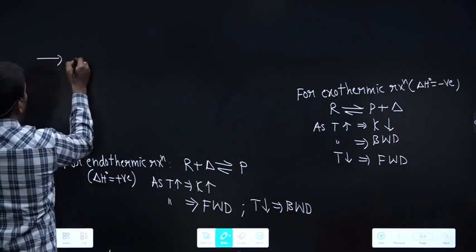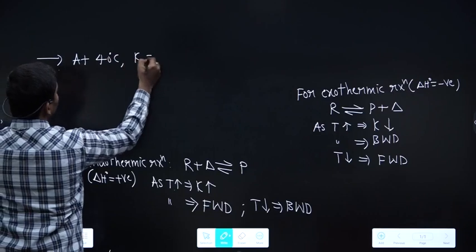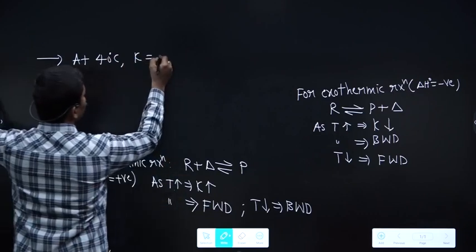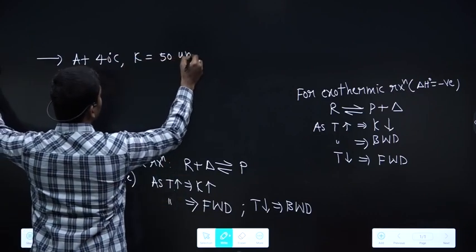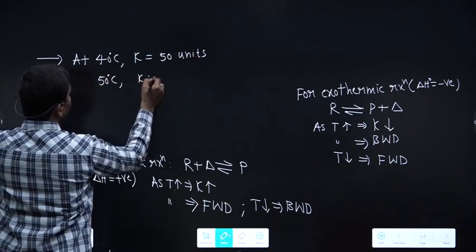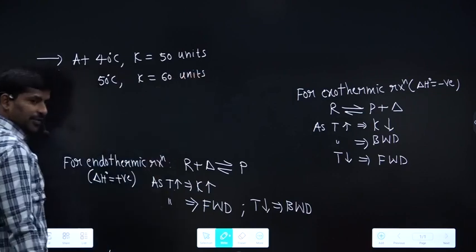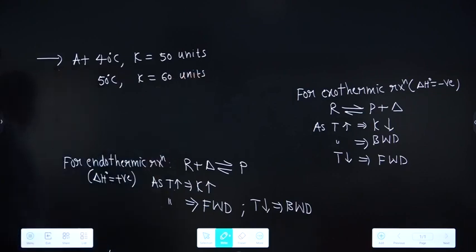For example, at 40 degrees centigrade, K value for a given reaction is 50 units. Now if you observe at 50 degrees centigrade, K value changed to 60 units. Now tell me what is the nature of reaction, whether it is endothermic or exothermic.